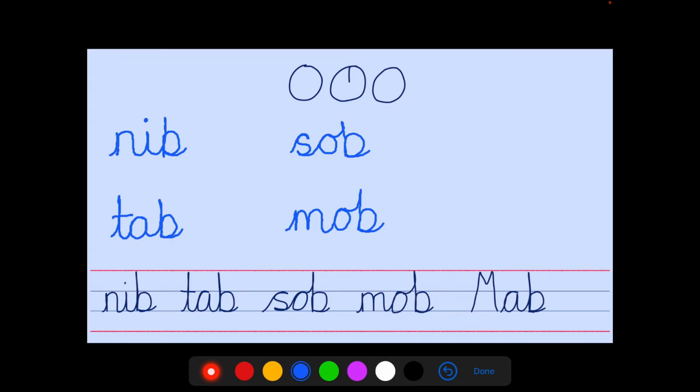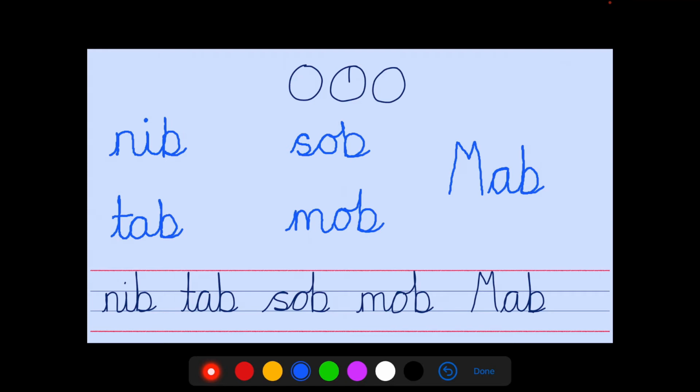And, oh, I tapped that too soon. Mab, Queen of the Fairies. A capital M told us straight away it was a name. A was A and B was B. Mab.